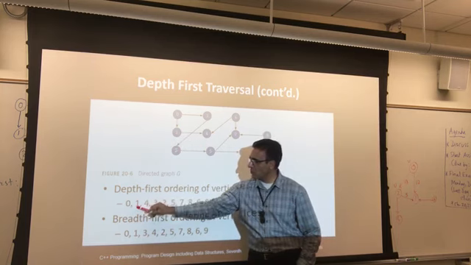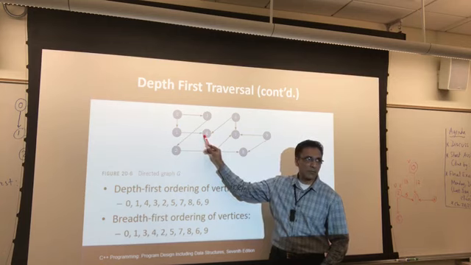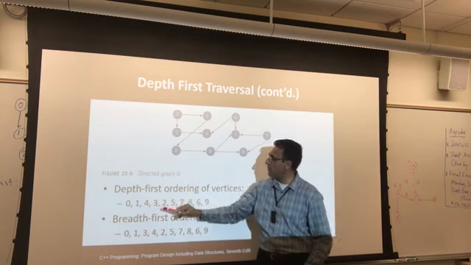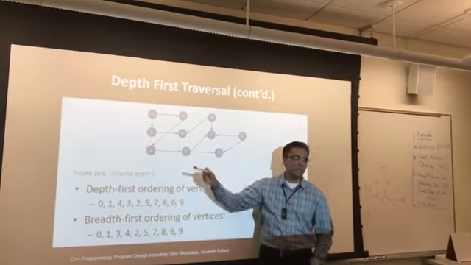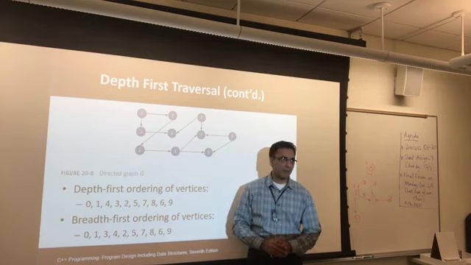From 1 you have a link here, so you'll go to 4, so 0, 1, 4, and then 4 doesn't point to anything. So of course we cannot go anywhere else.